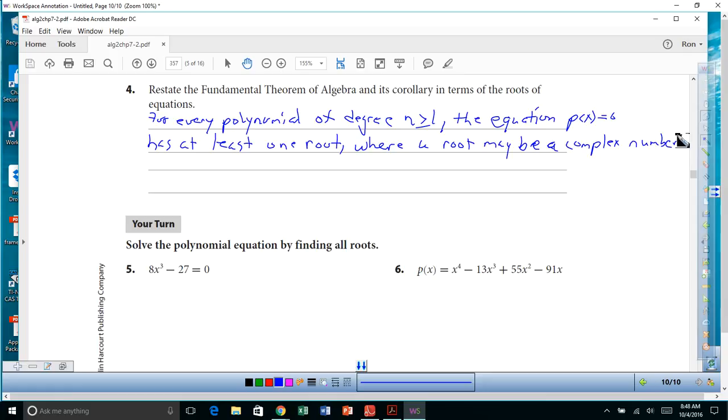The corollary, let me write that in a different color. The corollary, and I'm just getting that off the other page there.